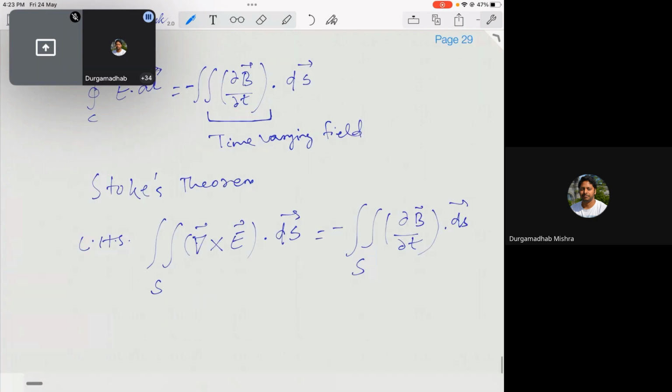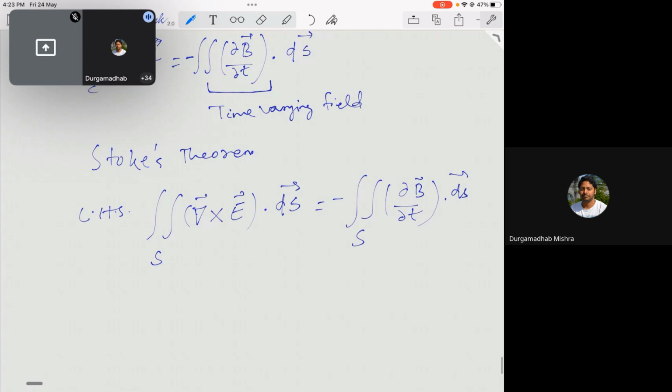And since we are doing it for any arbitrary surface, we can write curl of E is equal to minus del B by del t. So this is your third Maxwell's equation that we wrote in the beginning, in the first class and also later on in other classes.